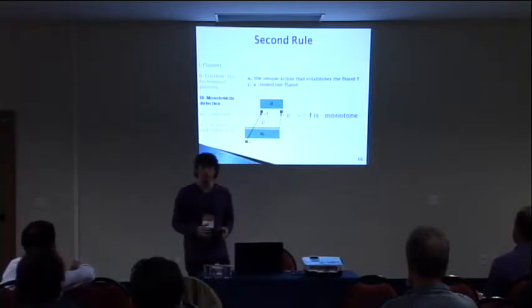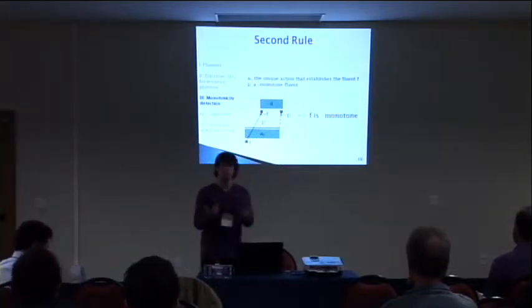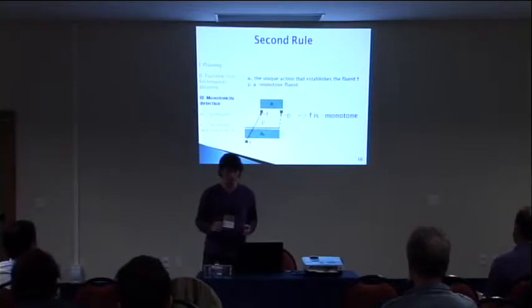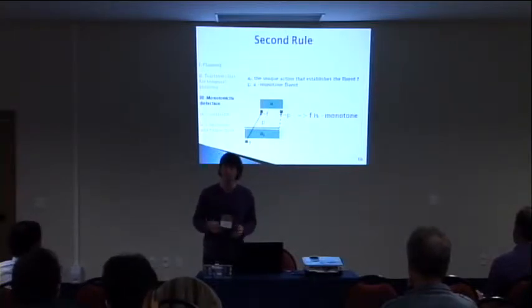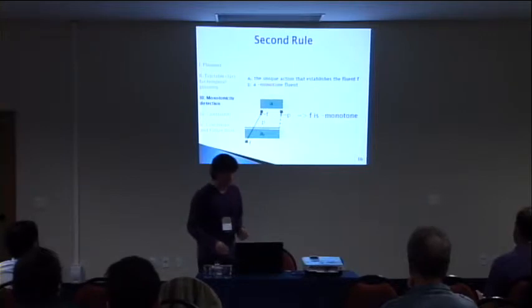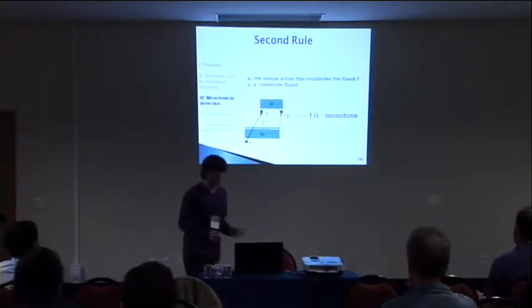For the second rule, there are 3 rules in all, and the second and the third rule use the monotonicity of fluents in order to find more fluents that can be monotone. So here's an example for the second rule.